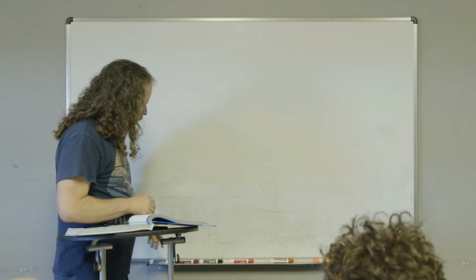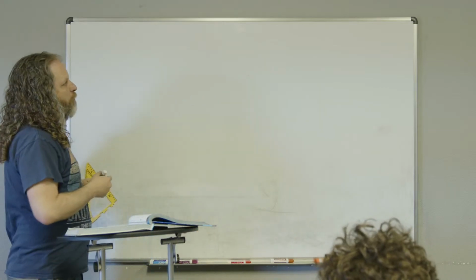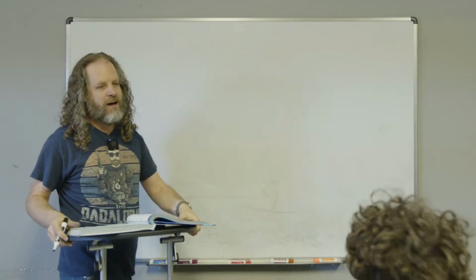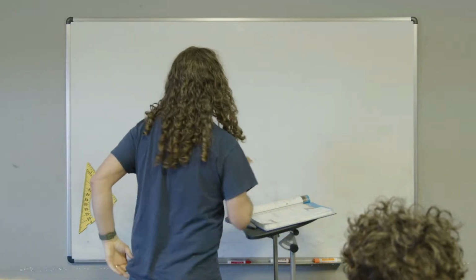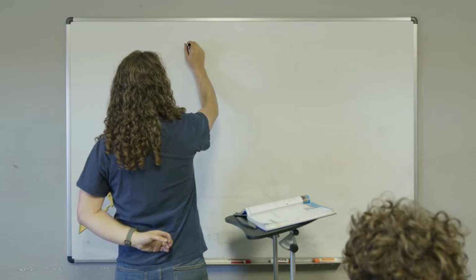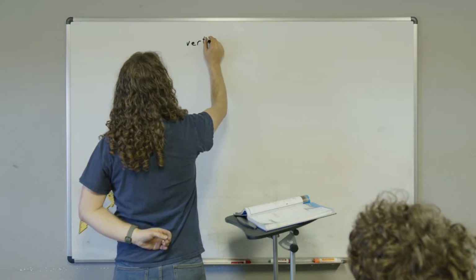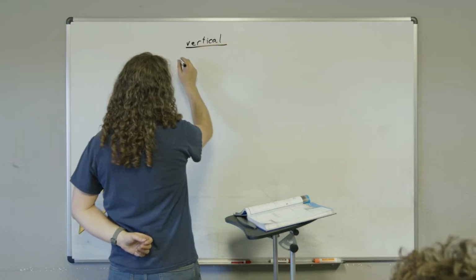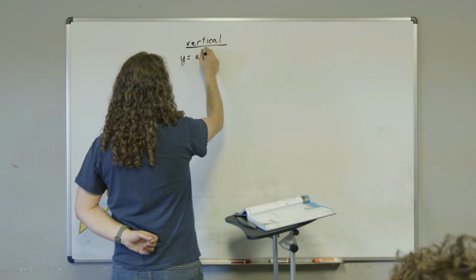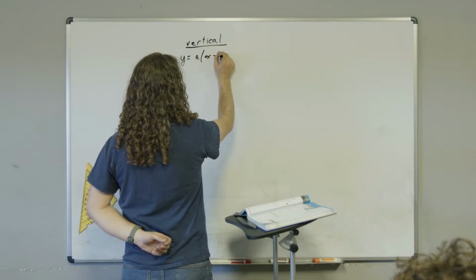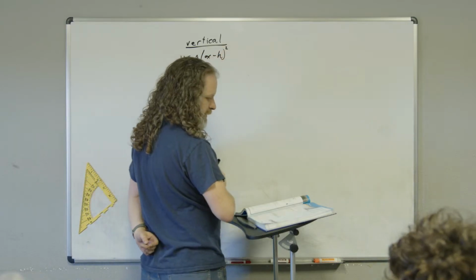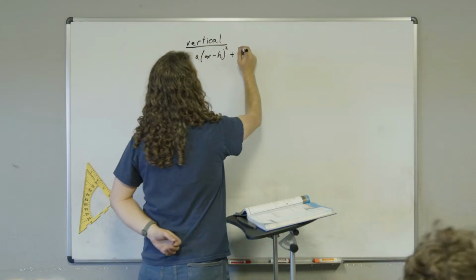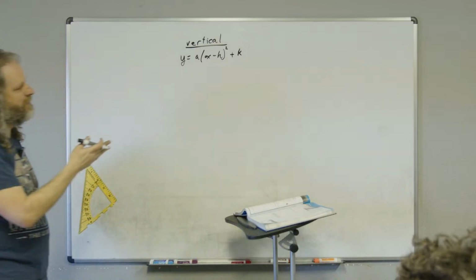All right, so now, like I said, we can have parabolas that open up or down, but we can also have them opening left or right. So there are two different standard forms for a parabola. There is a vertical one, and the standard form there looks like y equals a times (x minus h) squared plus k. We've seen this lots.